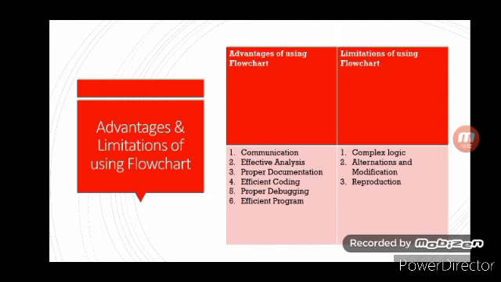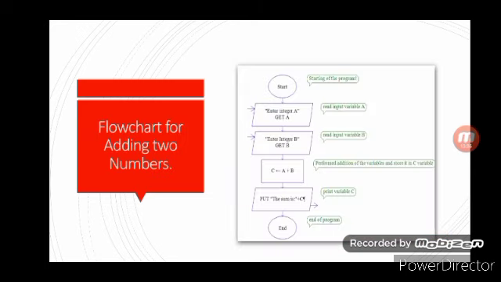Look, if we are doing any project work or any program which is complex, like some mathematical equations, then it may be complex to represent that program pictorially. That is the complex logic. The alteration and modifications and reproduction, these are also limitations of flowchart.